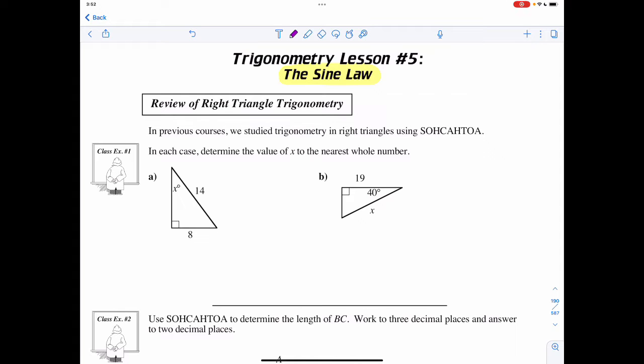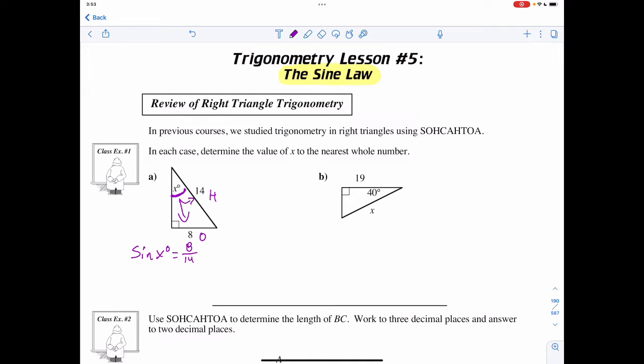So if it wants me to solve what this angle is, then based on this angle, I know the opposite side length, I know the hypotenuse. The only trig ratio that uses opposite and hypotenuse is sine. So I can say that sine of x degrees is equal to 8 over 14.